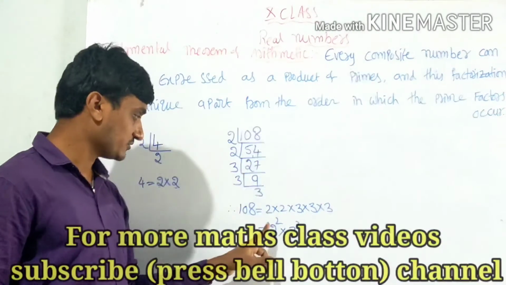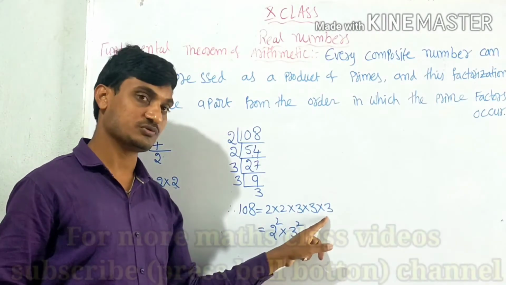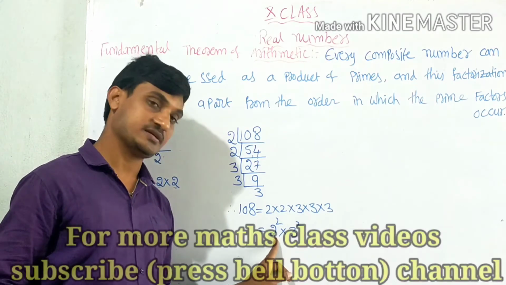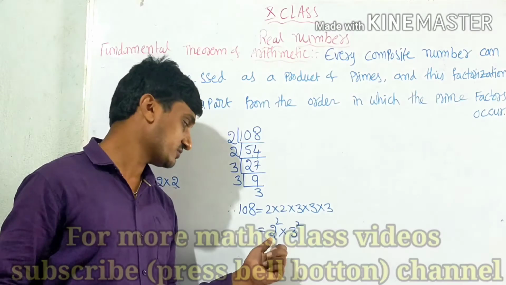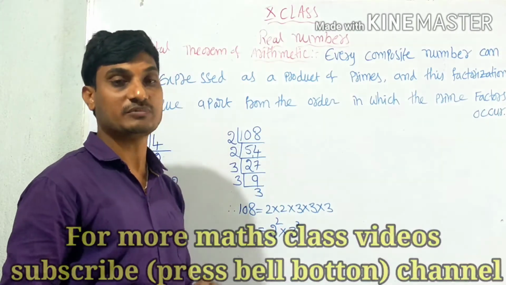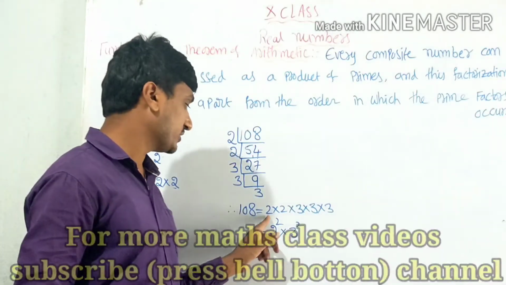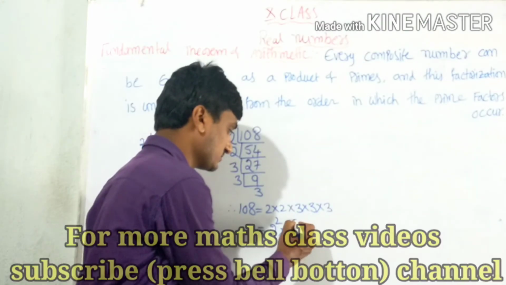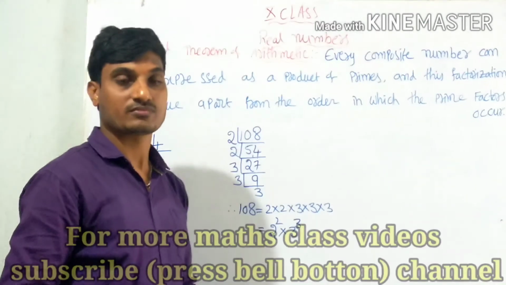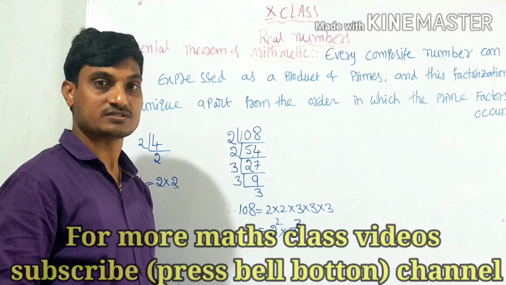And the factorization is unique. This factorization, 2 and 3, is unique. Count how many times 2 occurs and write it once. How many 2s? 2 2s are there and 3 3s are there. Is it clear? Are you understood?